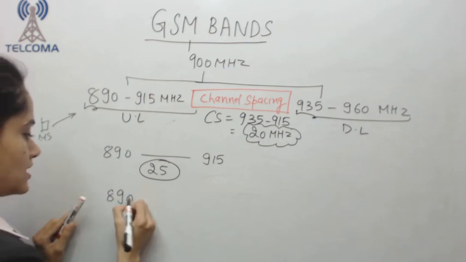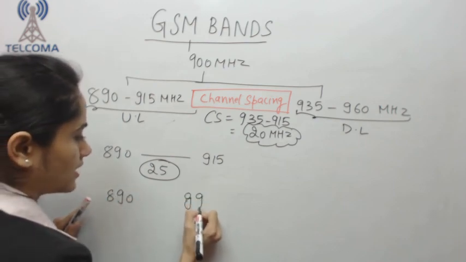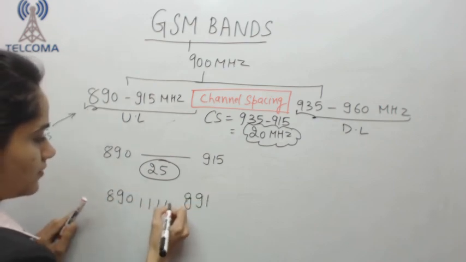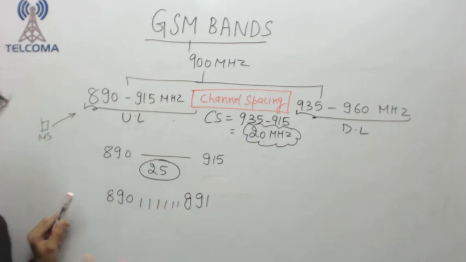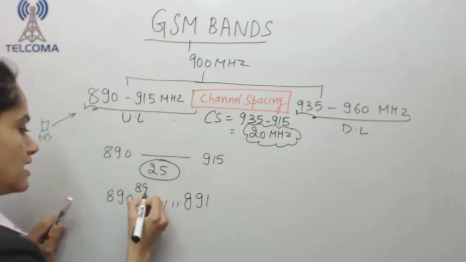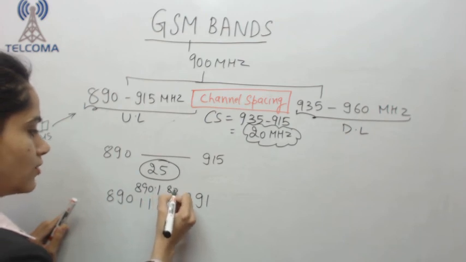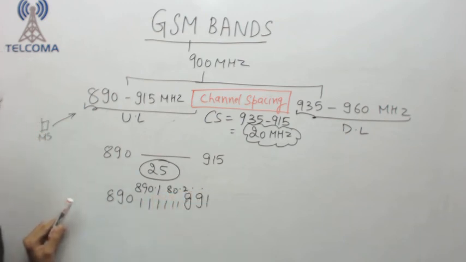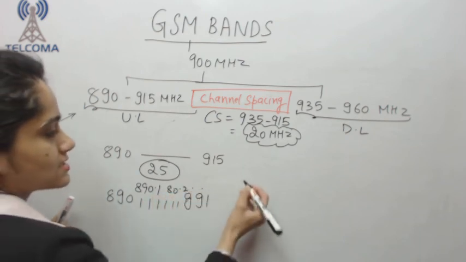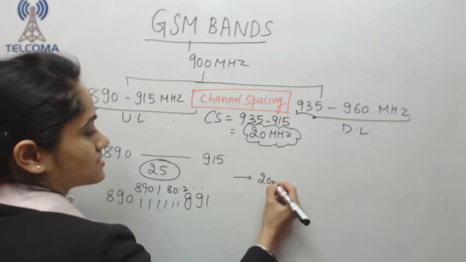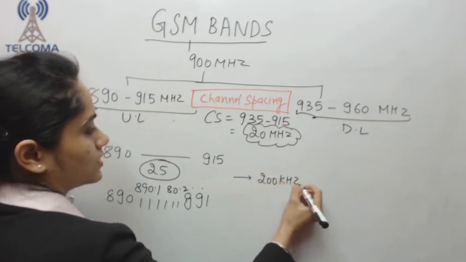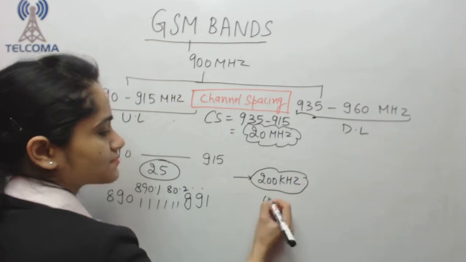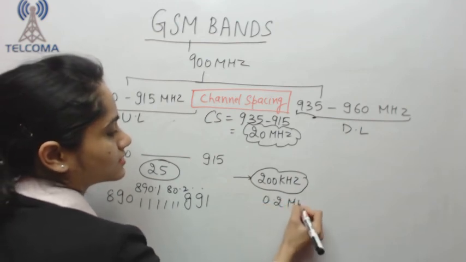So 890, then 891, and in between we have FDMA, so 890.1, 890.2, and so on. Here we require spacing between the carriers of 200 kilohertz or 0.2 megahertz.